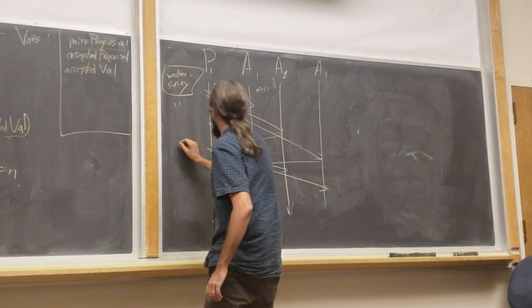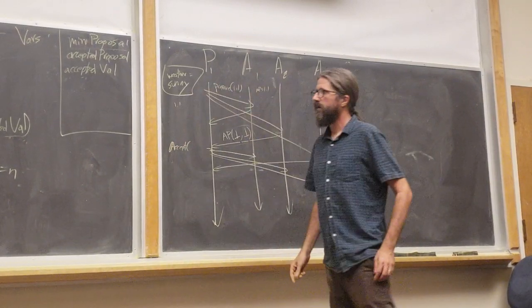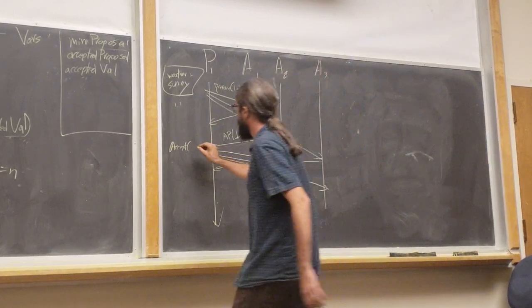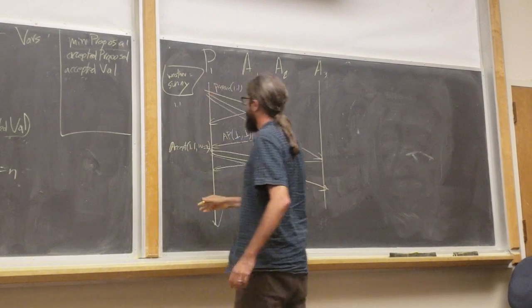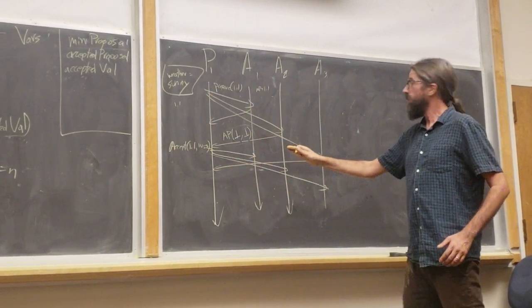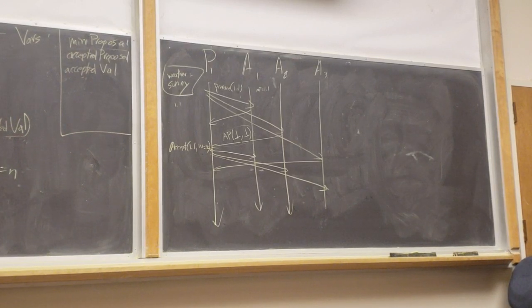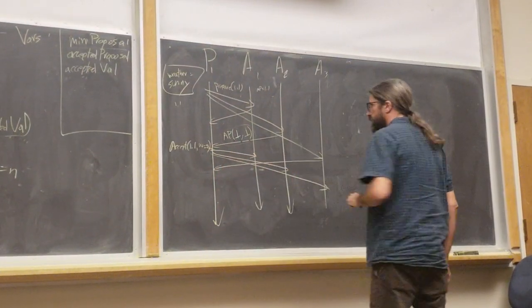My accept message looks like this. Accept what? 1.1, weather is sunny, right? I could say weather is sunny because it wasn't the case that there was a highest numbered proposal among the responses whose value I must choose here. I can choose whatever I want.